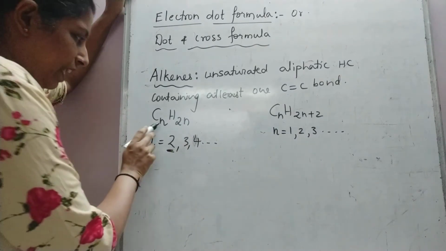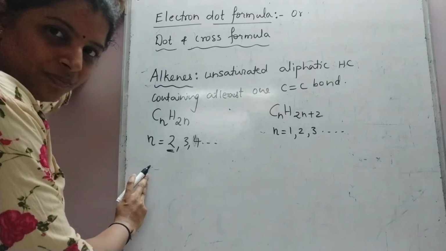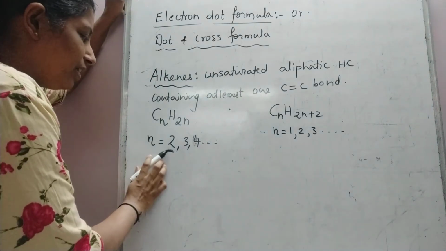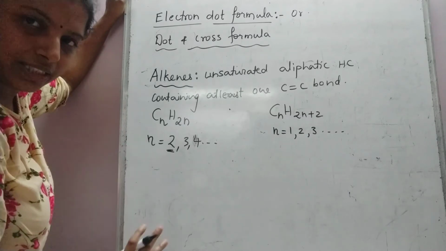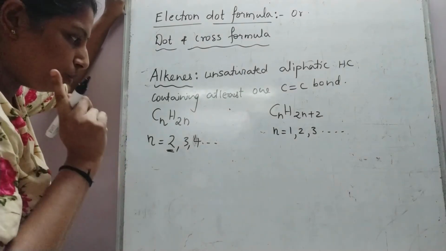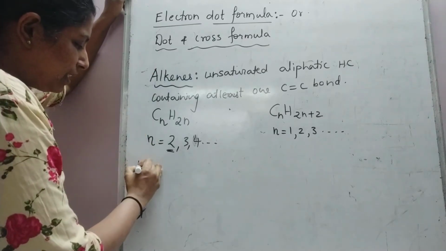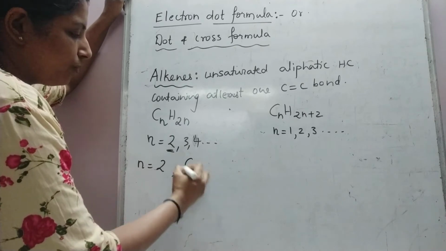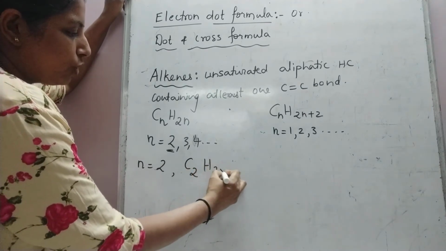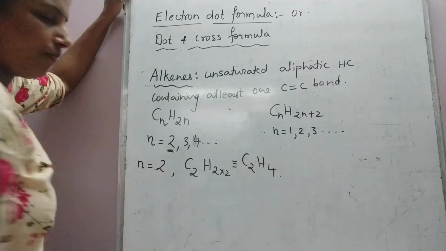So the value of n, that represents number of carbon atoms in the hydrocarbon, for alkenes will have the smallest value as 2, not less than that. It cannot take the value 1. So the first member of alkene, wherein n is equal to 2, will have the formula C2H2 into 2, which would be C2H4.